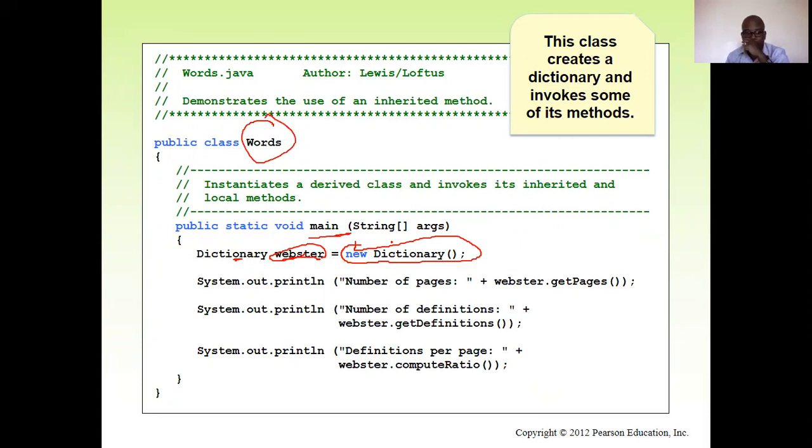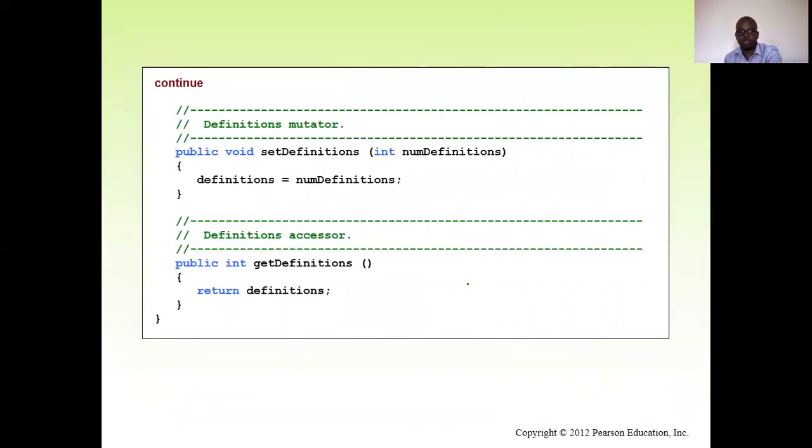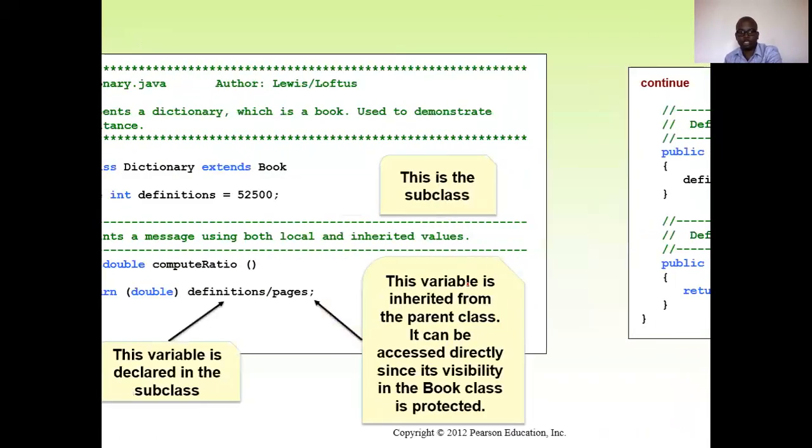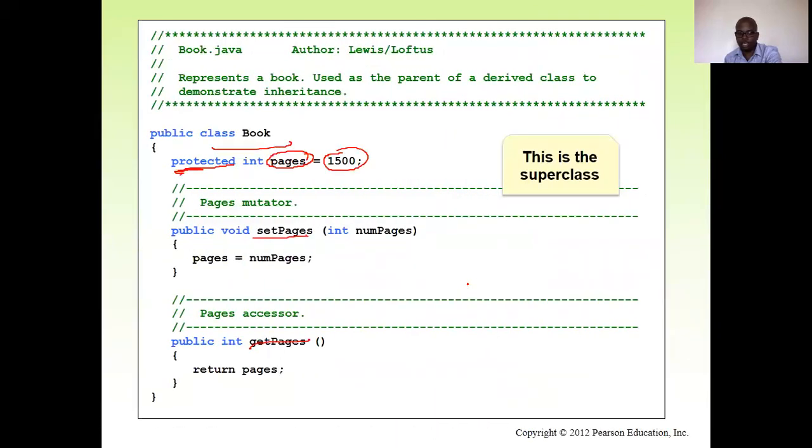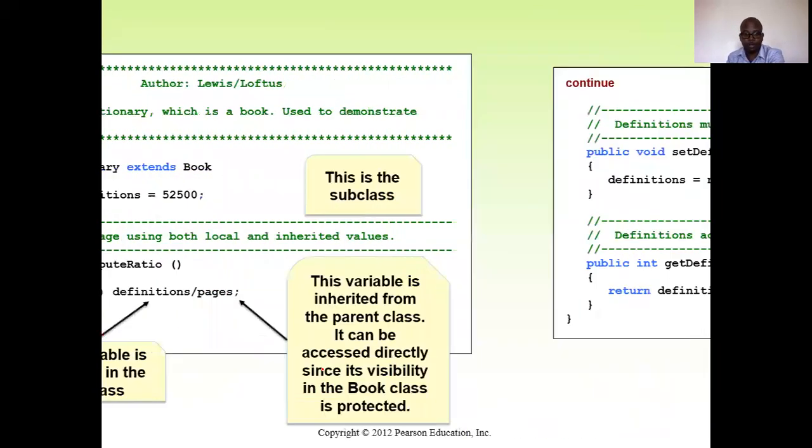Okay. Now, when we say Webster.getPages, of course, that is calling the get pages from dictionary, which is not get pages from dictionary. Sorry, it's calling get pages from the parent class, right there. Everybody see that?